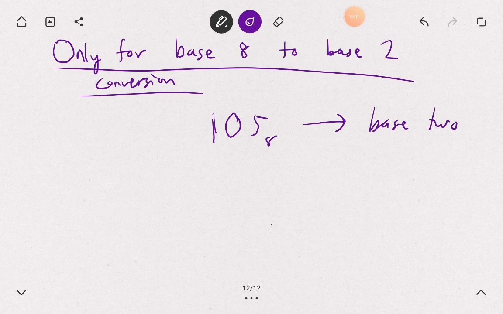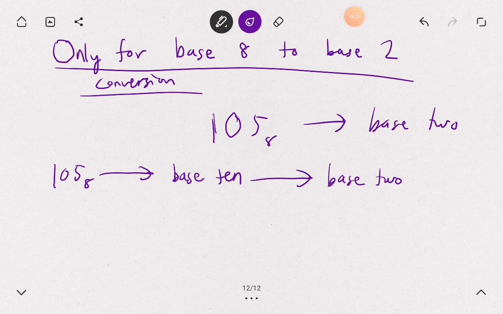Now I can definitely do 105 base 8, find the base 10, and then find base 2. I can do this, not a problem. This is correct, but this is long.